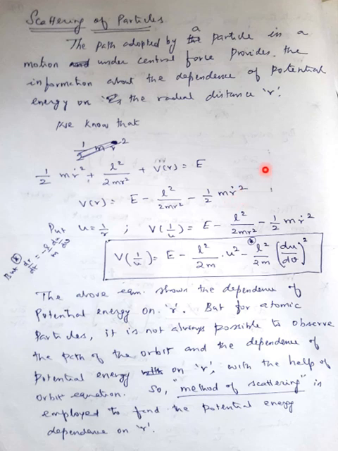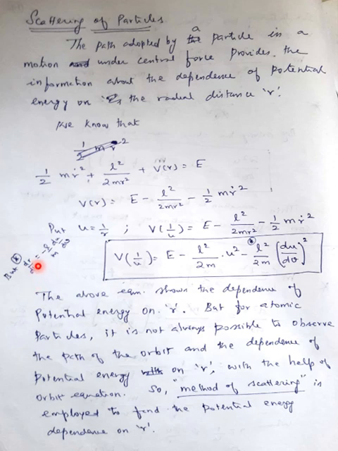But for atomic particles, it is not always possible to observe the path of the orbit. And also, using the orbit equation, which we already solved in the earlier lecture, we can't exactly predict the dependence of potential energy on r.